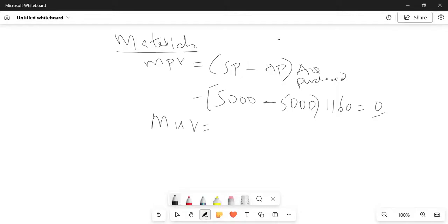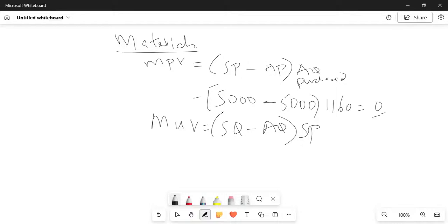Then we go to the material usage variance. Do you know the formula? It is (SQ minus AQ) multiplied by SP. Please don't forget that SQ stands for standard quantity for actual production.